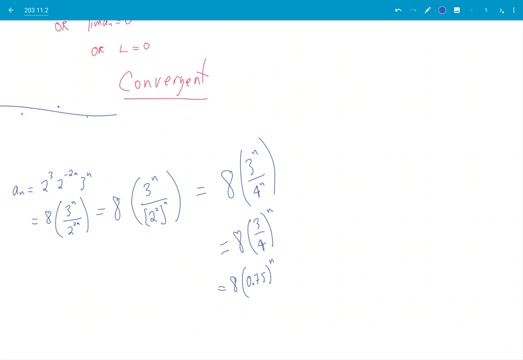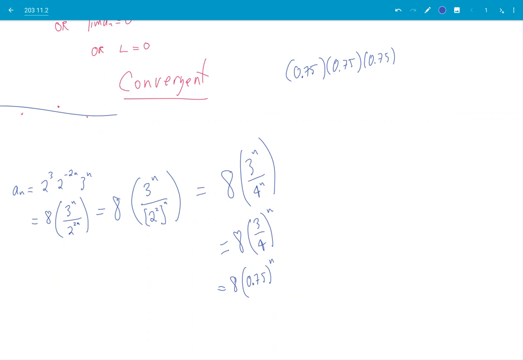Now, what happens when you take 0.75 times 0.75 times 0.75? What's happening? Well, you can think of it as taking 75% of something.